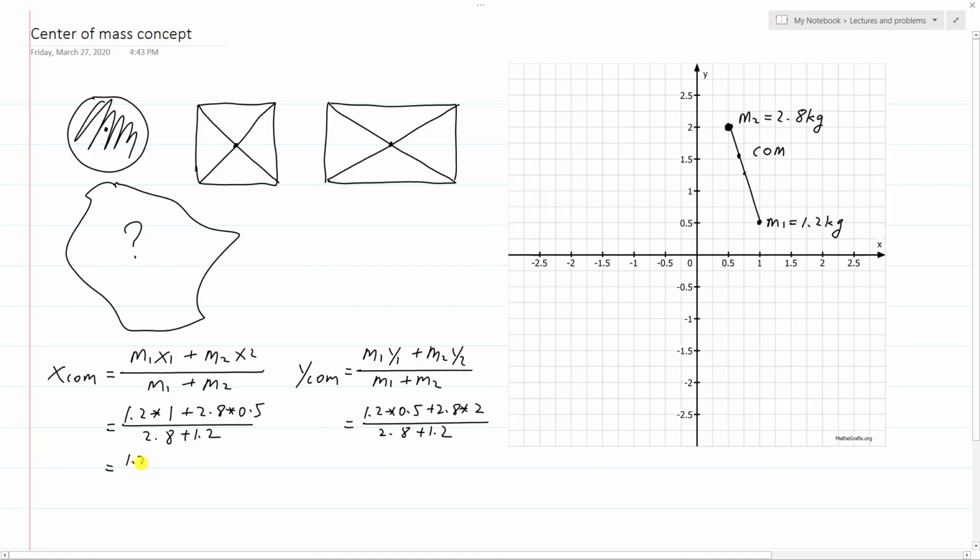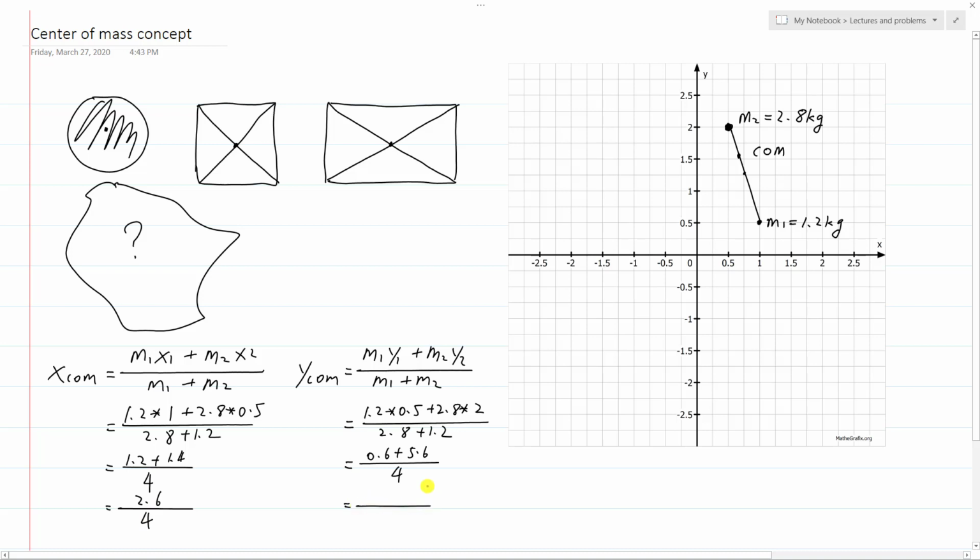So for x, 1.2 plus 2.8 times half, 1.4, over 4. This is 0.6 plus 1.4, which is 2.6 over 4.